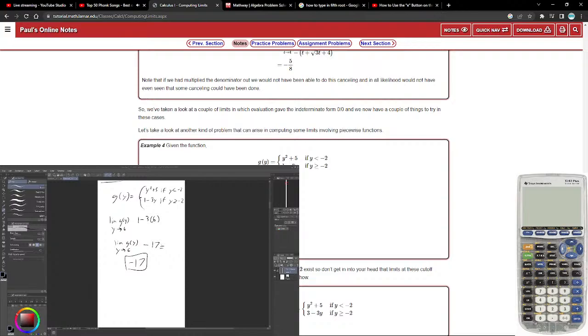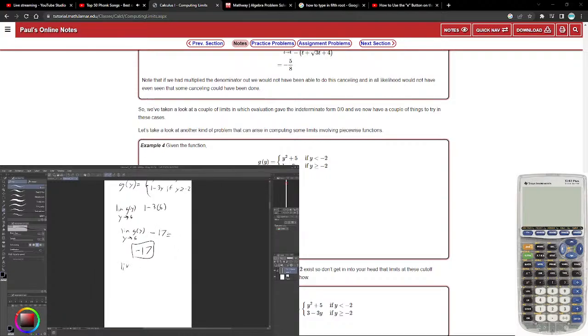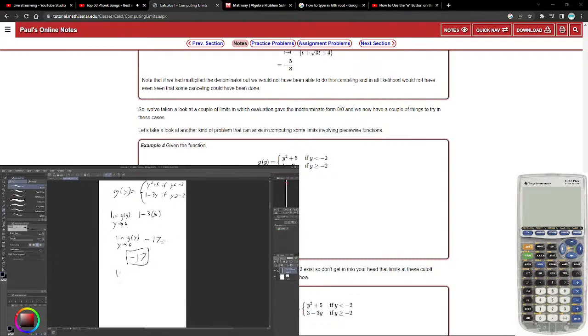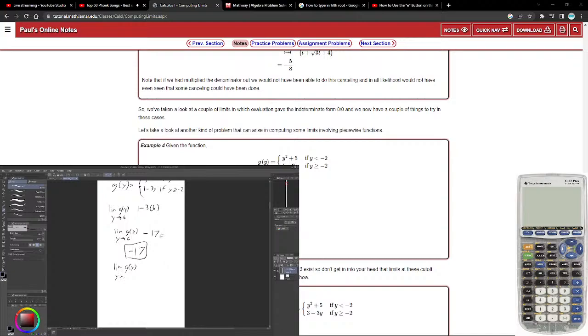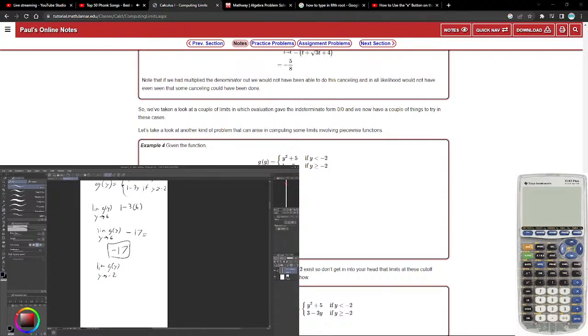I don't see a problem so far. Negative 2. The limit of g of y as y approaches negative 2. One minus 3, negative 2. One plus 6.